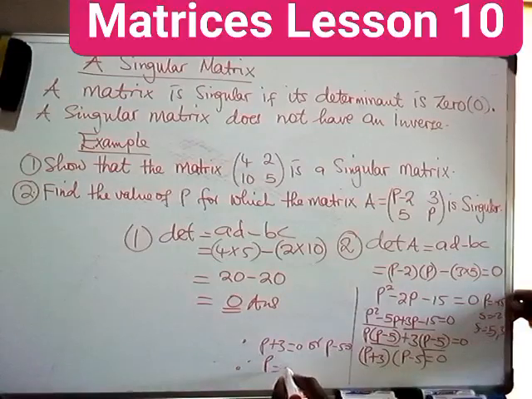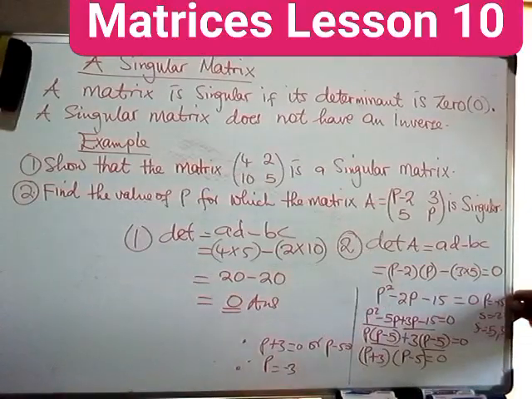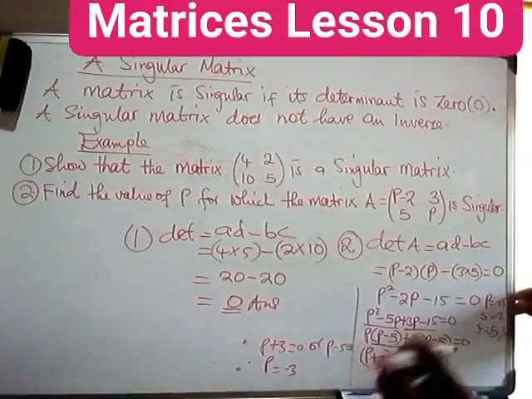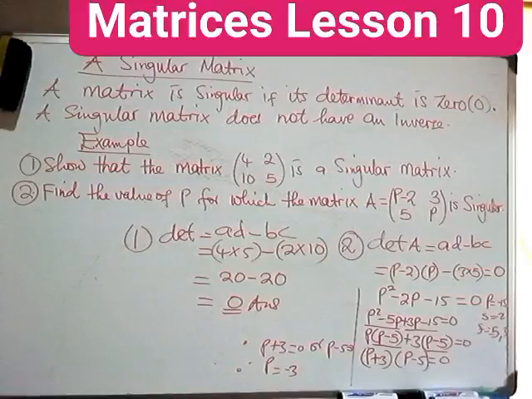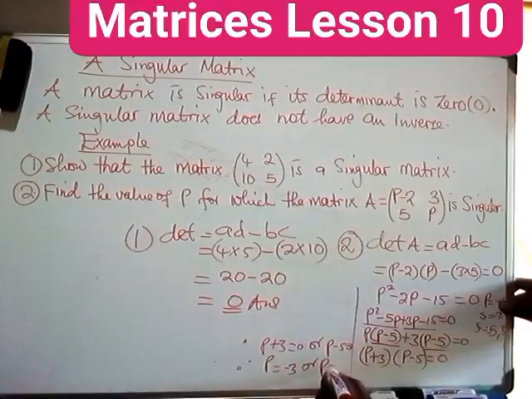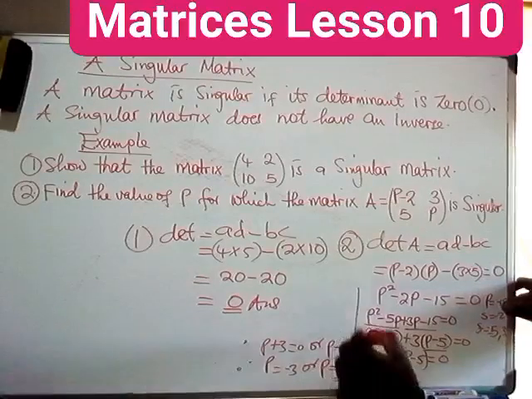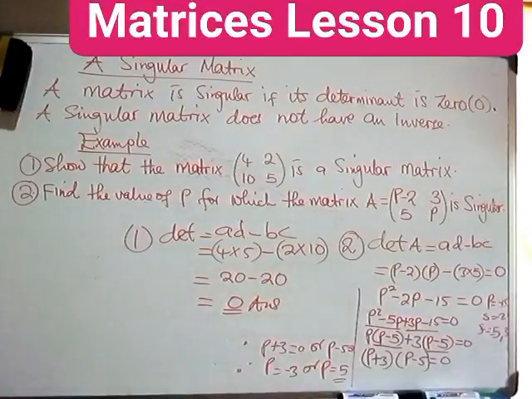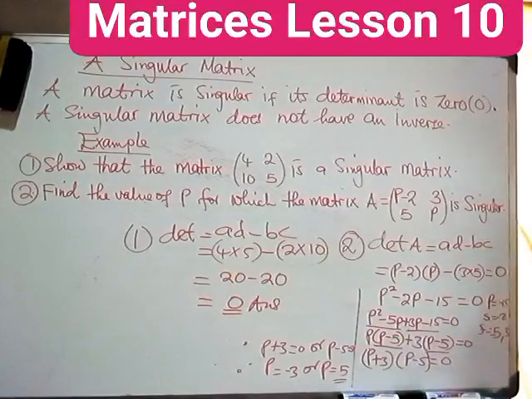So the values of P will be negative 3, because if this one goes to this side, you're going to have 0 minus 3. The answer is negative 3. Or P is equal to 5, because if this one goes to the other side, it will be a positive 5.